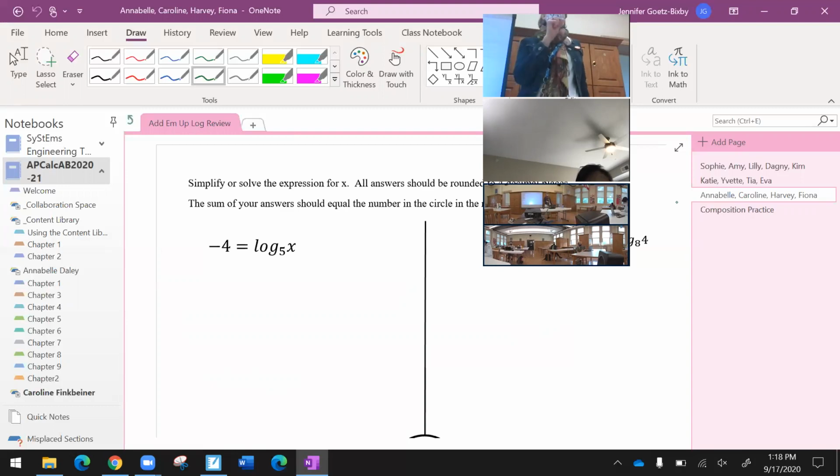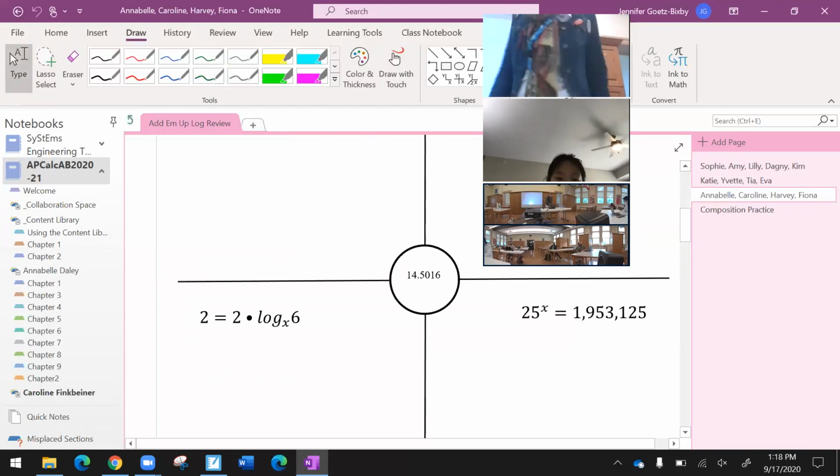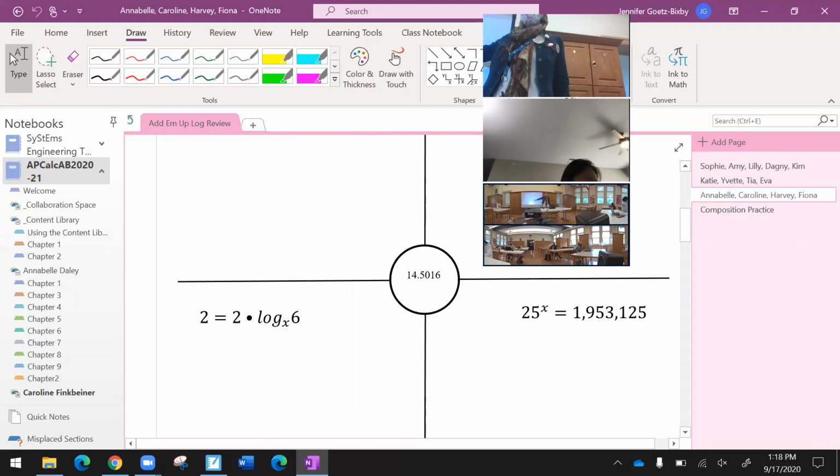Your problems have a numerical answer. You are going to add up your numerical answers, and they should be equal to the thing in the middle. If they don't add up to the thing in the middle, then somebody made a mistake, and you have to figure out who made the mistake.